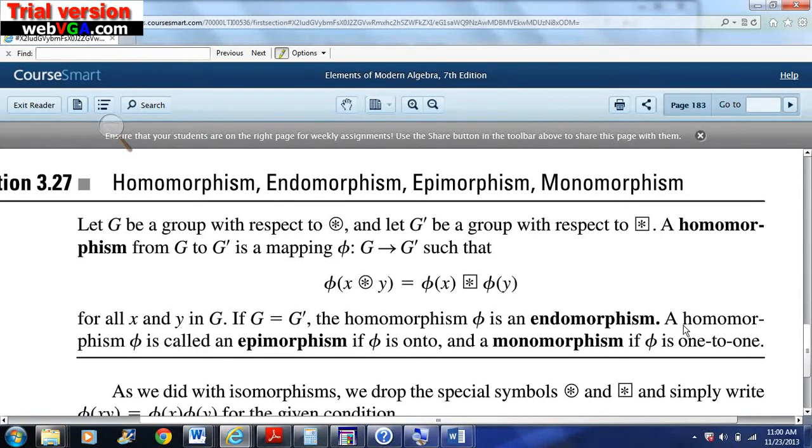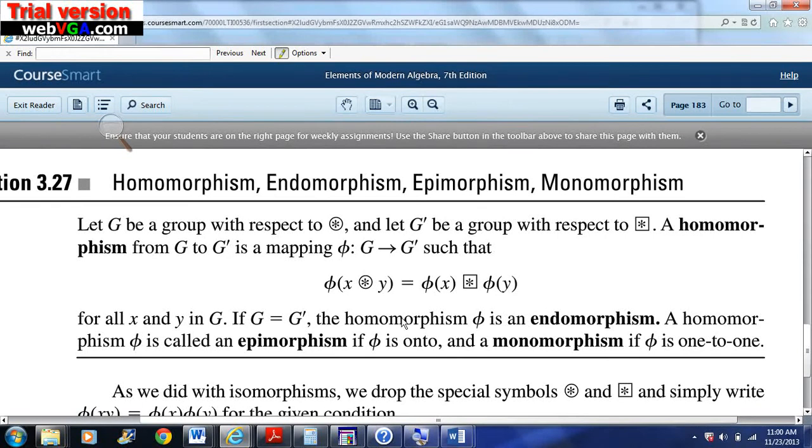A homomorphism phi is called an epimorphism if phi is onto. So the function does not have to be onto to be a homomorphism. If this property holds true, the function that does the mapping, which is phi, is a homomorphism.